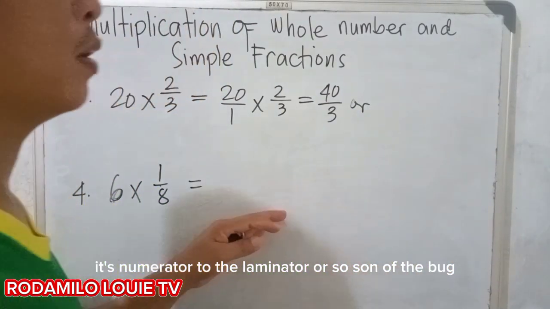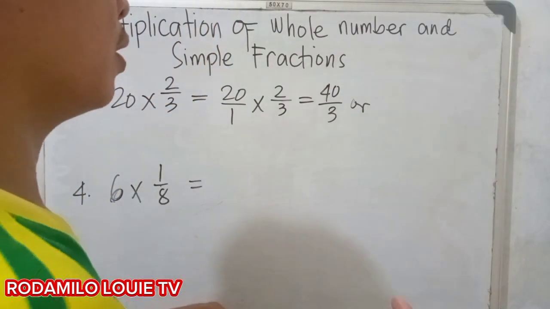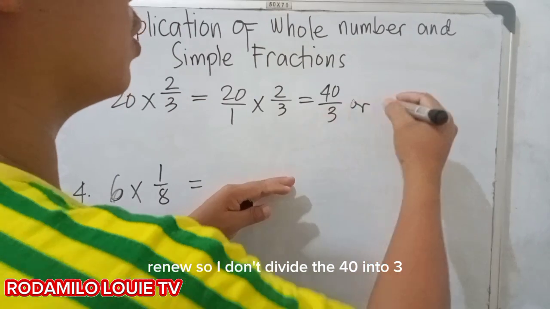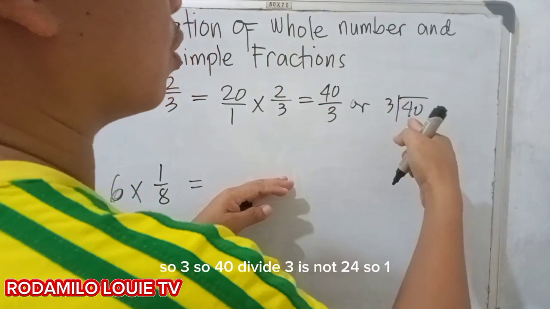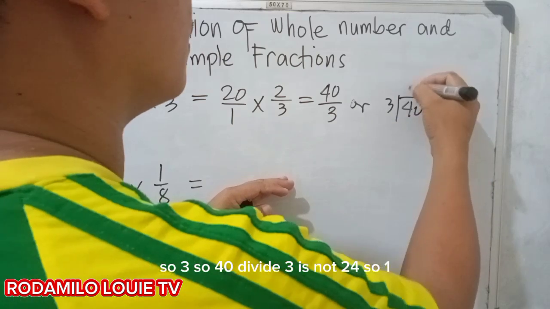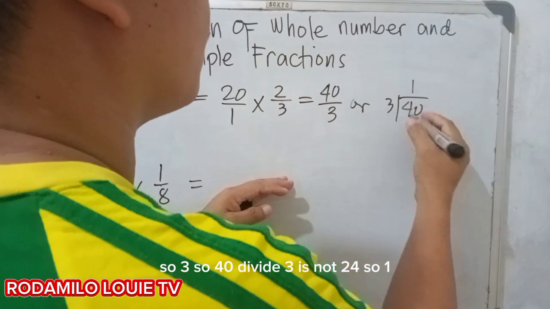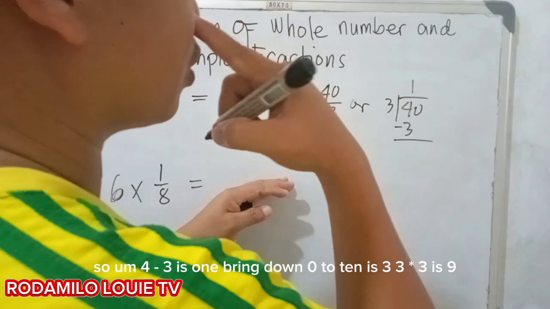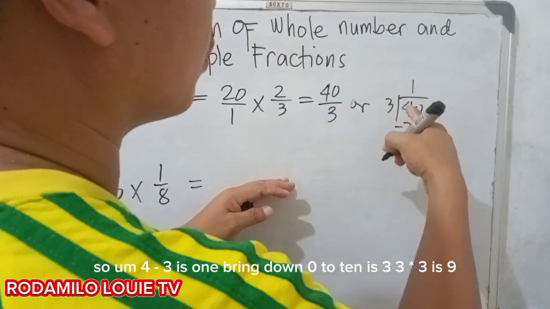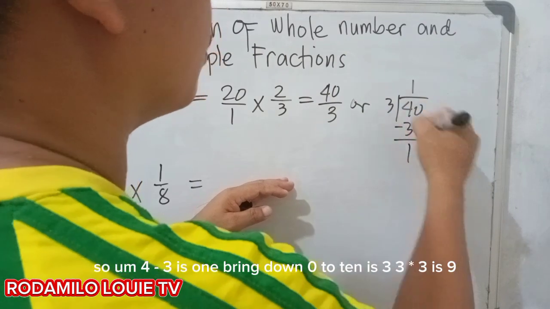So atong i-divide ang 40 into 3. So, 40 divide 3 is 13. 4 minus 3 is 1. Bring down 0.